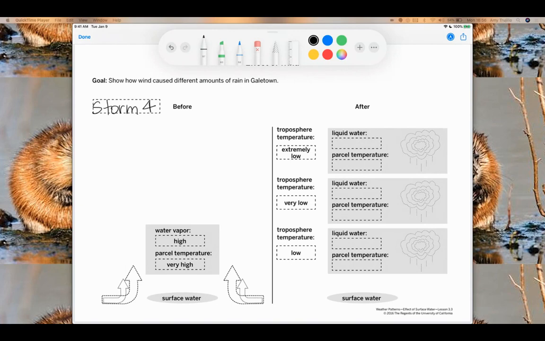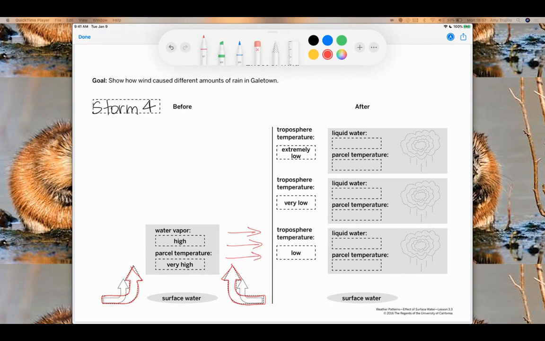Okay, and when Storm 4, first thing that we're going to do is talk about our wind. So in Storm 4, we had a whole lot stronger wind. So I actually want to use my big arrows here. Now, what was the energy transfer from the air parcel to the surrounding air?